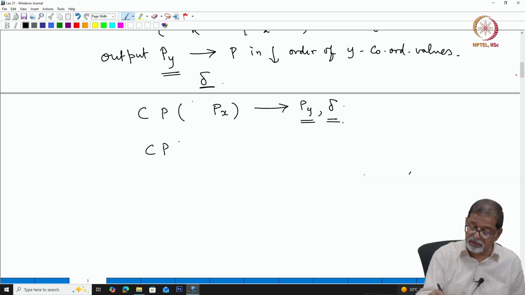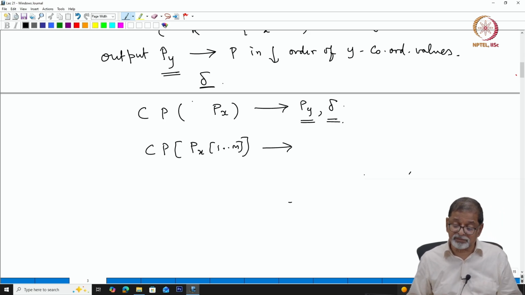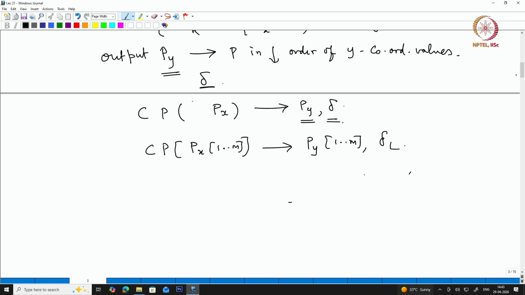First recursive call, closest pair on Px 1 to M. This is going to output Py 1 to M and delta L, because it is the first half.